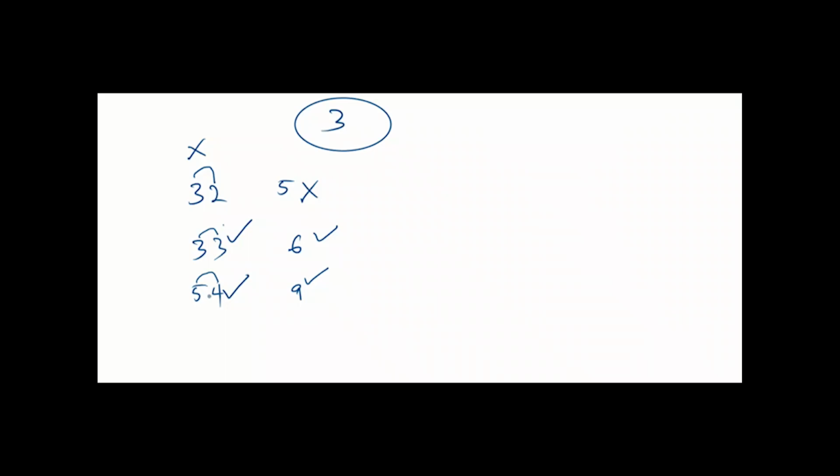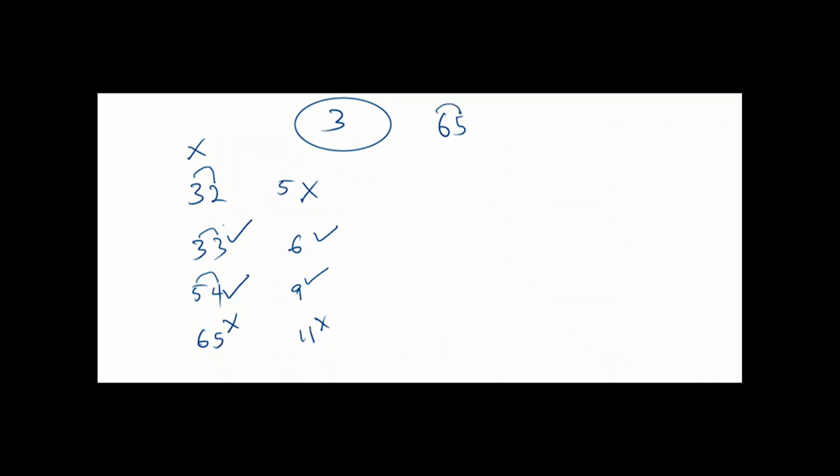Let's look into another one, that is 65. So 6 add 5 is 11. Is 11 divisible by 3? No. That means 65 is not divisible by 3. Another way you could do this: you have 65, you want to check if it is divisible by 3.